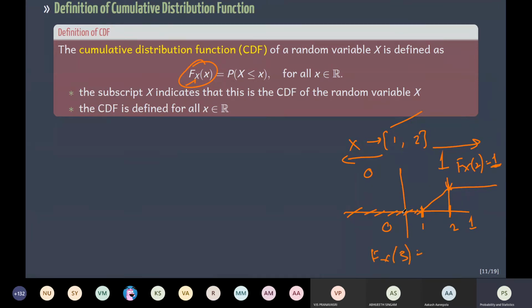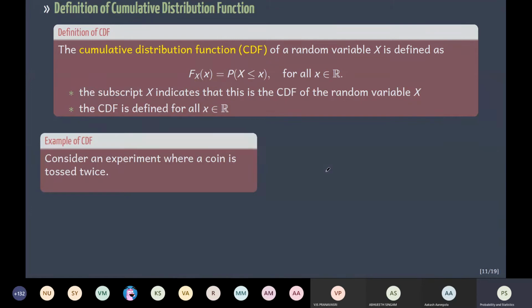Well, it will also remain 1, because beyond that, the random variable is not taking any value at all. So we can define the CDF for all x in R in a way that F(x) below the lowest value of the range is defined to be 0, and for anything beyond the upper range of X it will be defined to be always 1. So I will define this concretely.